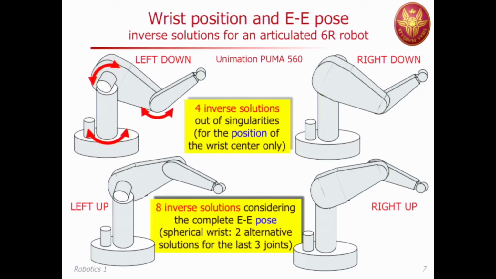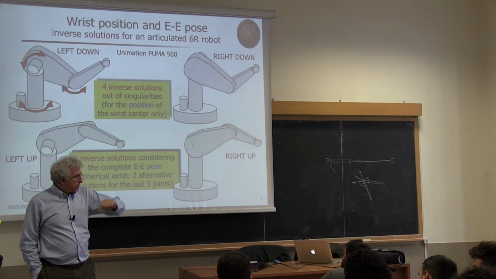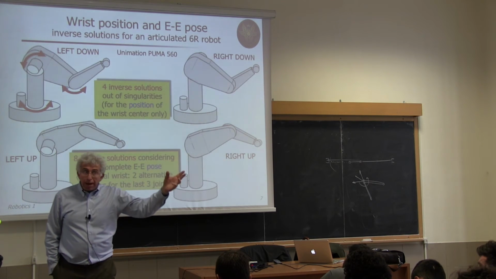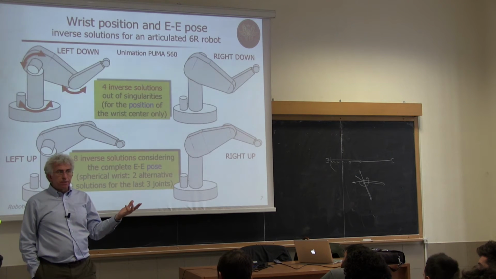Okay, now look at this other case in terms of number of solutions. We have seen, by the way, that in the previous case, when we are assigning the position inside the primary workspace for a generic length of the link, so L1 different from L2, then we typically have two solutions, left or right arm. At the boundary, we have only one solution.